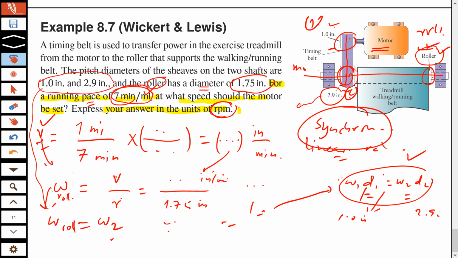No transformation needed because they are both on the same shaft. Omega 1 I don't need to calculate. What I need is from omega 2, since omega 1 is equal to omega motor, it is attached to the motor. Here I need the translation from omega 2, which involves d2 and d1. So I need this transformation only once.